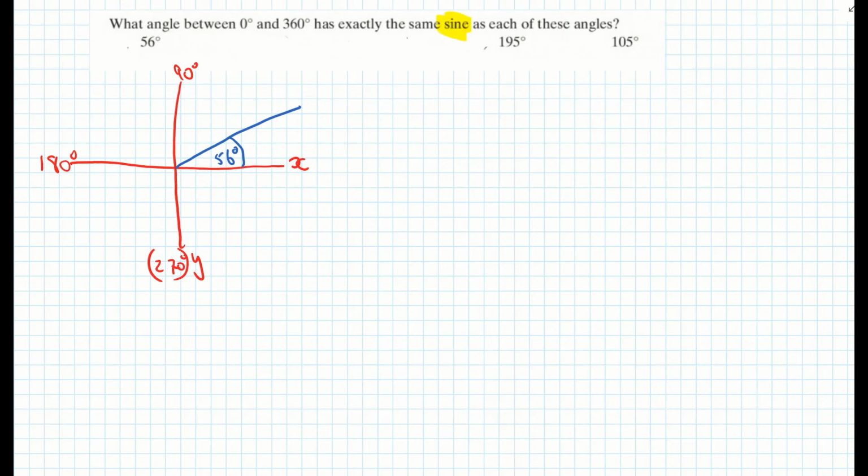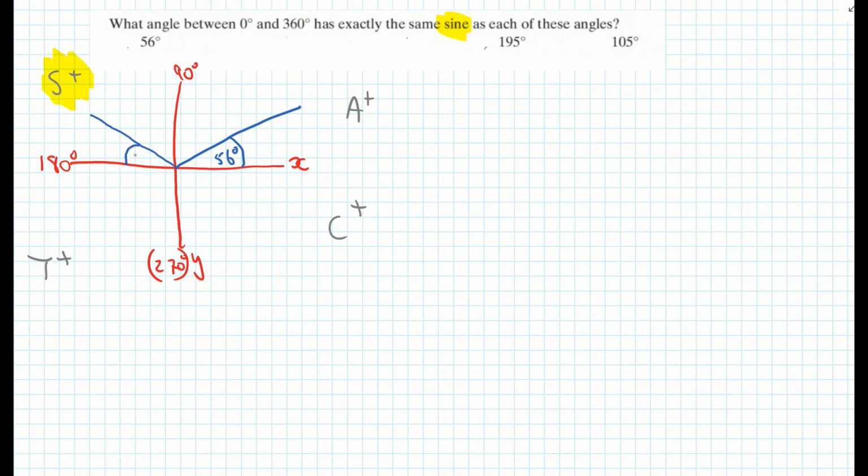So I'm going to draw out my C.A.S.T as my aid. It begins with C positive, A positive for all, S positive for sine, T positive for tan. They're looking for sine, so I should be only focusing basically in quadrant 2. I'm looking for the sine to be positive. So in the second quadrant, I'm going to mark my reference angle again in blue.